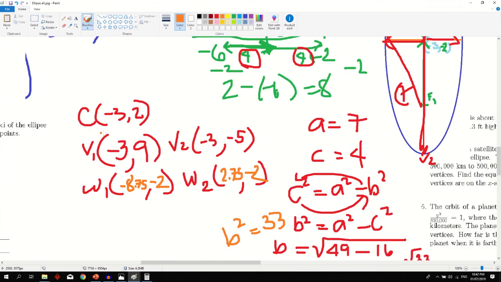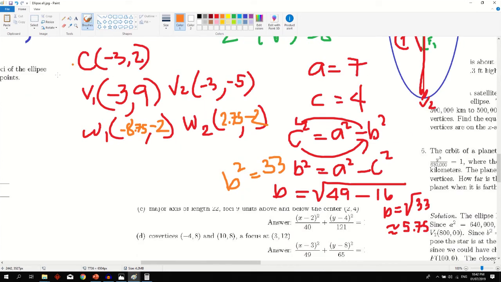So our standard equation, we have the center, right? So we will transpose that, it will be x plus 3 squared over, it is the x-axis, right?